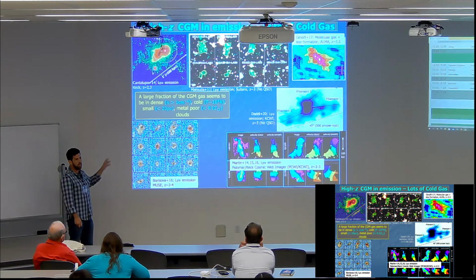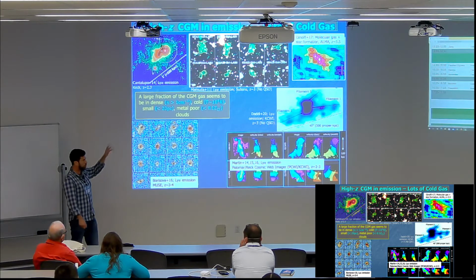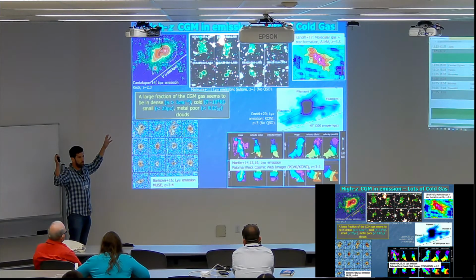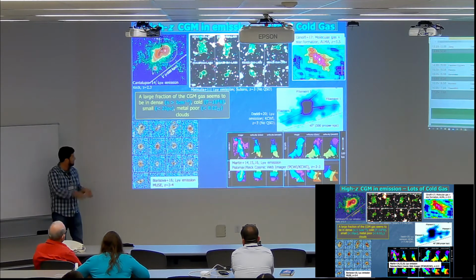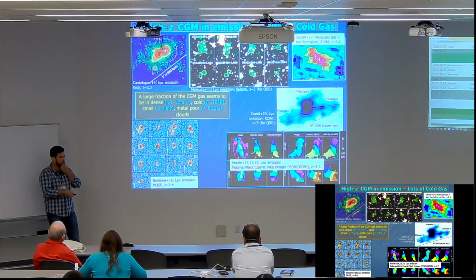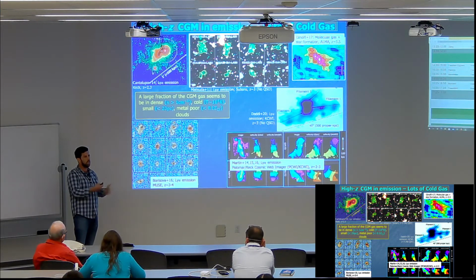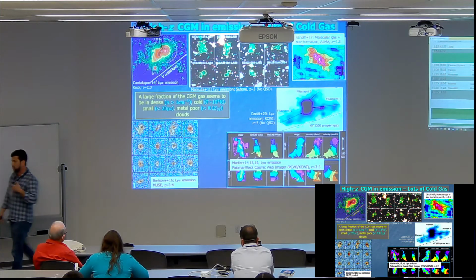Around pretty much every massive halo at redshifts 3 and above, you see large quantities of cold gas extending out to hundreds of kiloparsecs. And if you believe the photoionization models, a large fraction of the CGM gas does seem to be in pretty dense, pretty cold, 10^4 Kelvin, small, and very metal poor clouds, which seem to indicate some kind of instability happening governing the morphology of these cold streams.